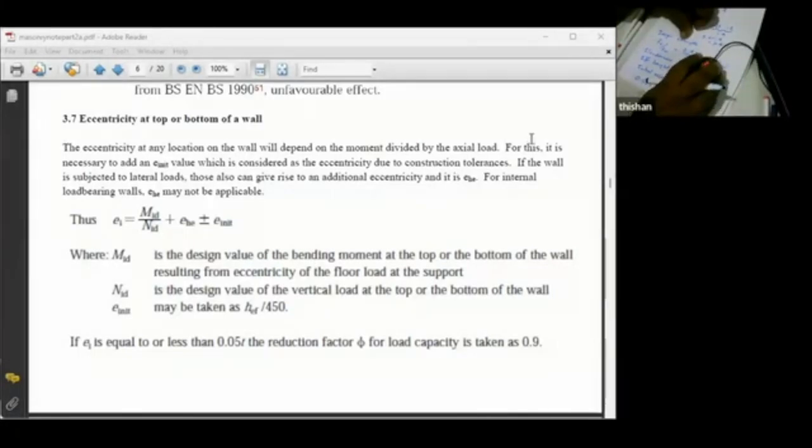Now let's see, with the available information, let's do a few more calculations. So now we know the slenderness effect. We have to find the slenderness ratio. That is effective height 0.75 times 3000 divided by 100.